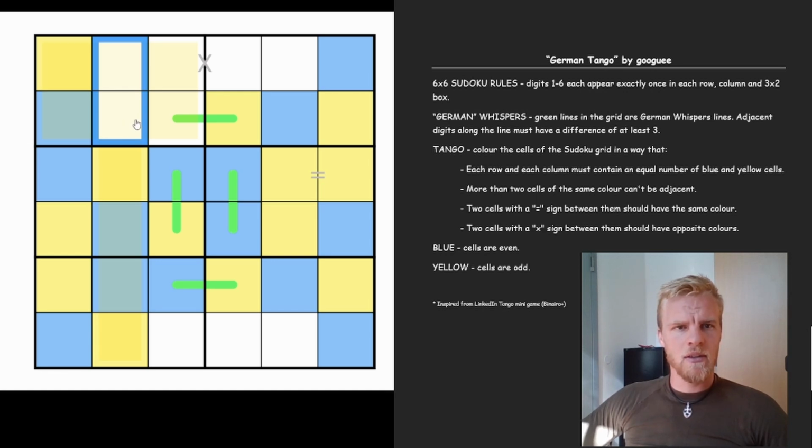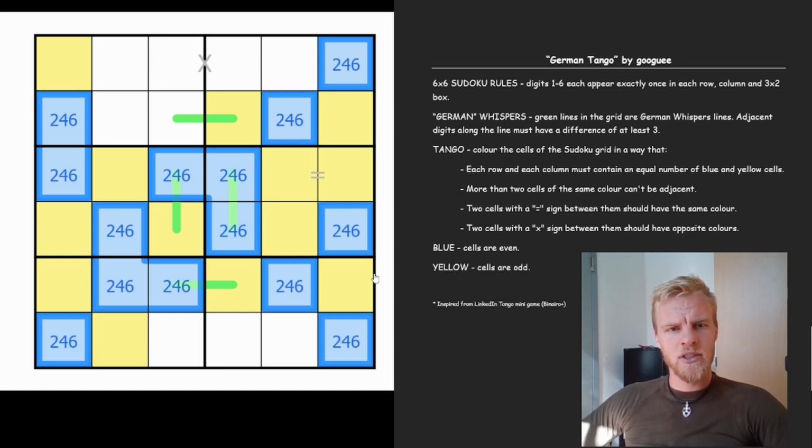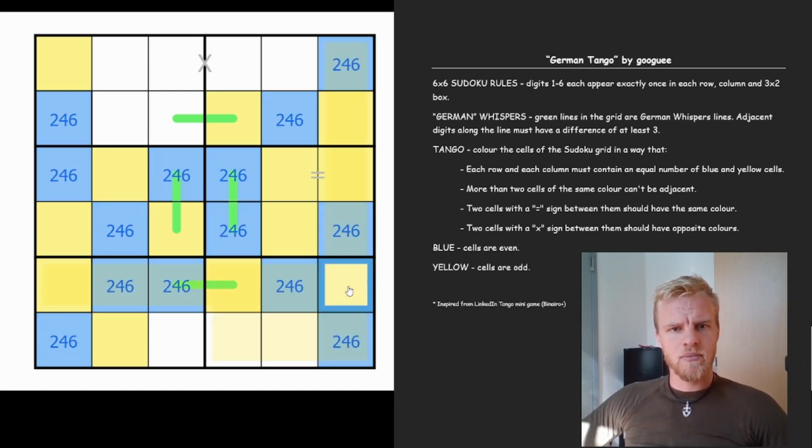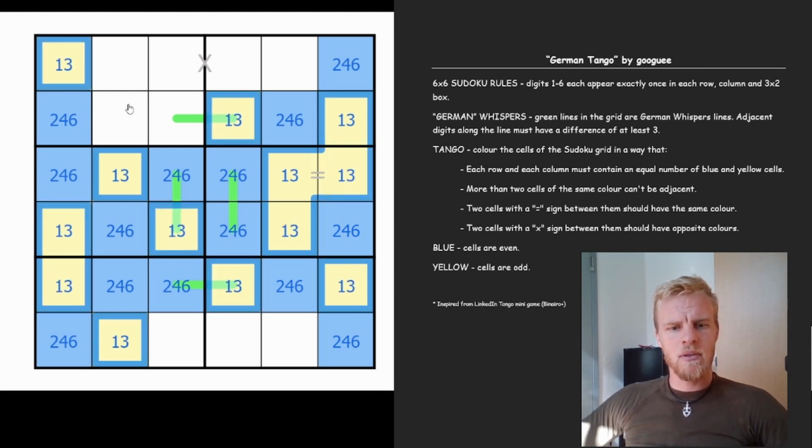I don't think I can solve that right away. But maybe we can also start with pencil marking. Blue cells are even, so 2, 4, 6. Yellow cells are odd. 1, 3, 5.